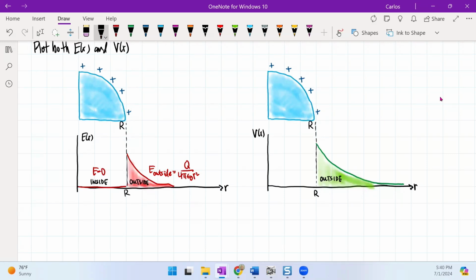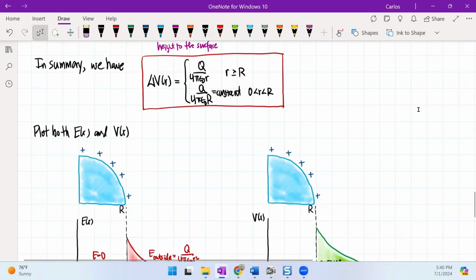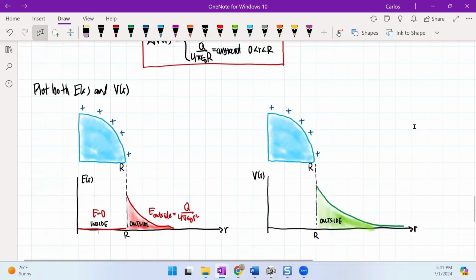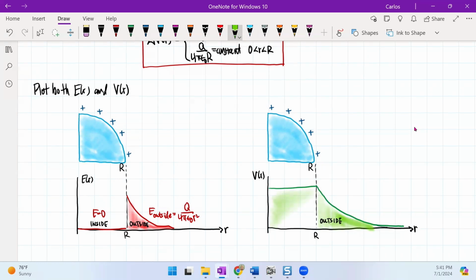So if I look at the potential field, we see that it's a constant when I get inside. So in other words, I have a field inside that must be continuous at the surface, at least piecewise continuous, and you can see that this is my field on the inside right here.